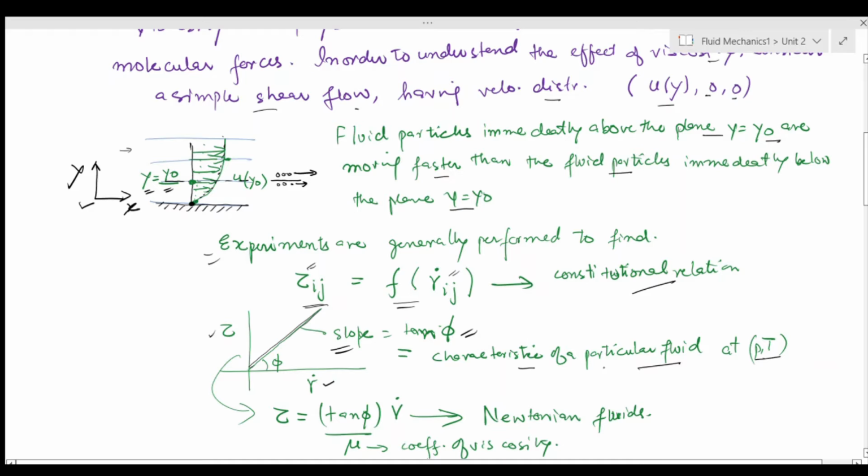Meaning, if I keep my pressure and temperature the same but I change fluids, then there is a possibility that this slope would change. I can also say that for the same fluid, if I change my pressure and temperature, then again there is a possibility that this slope would change.